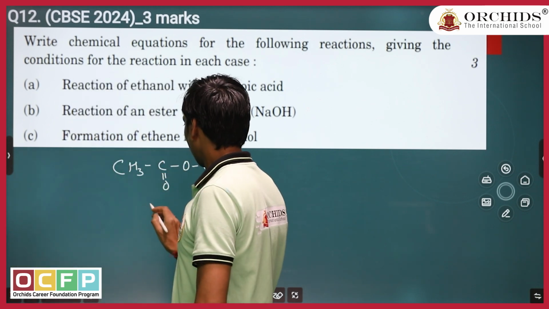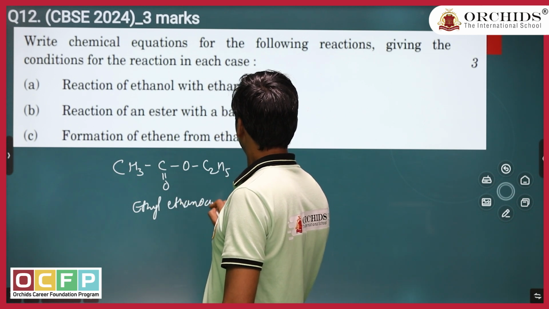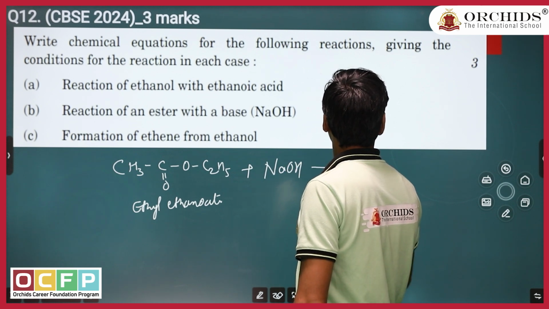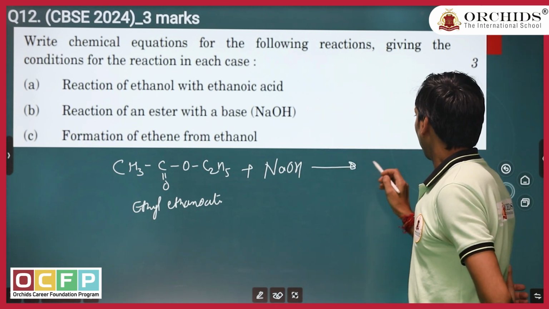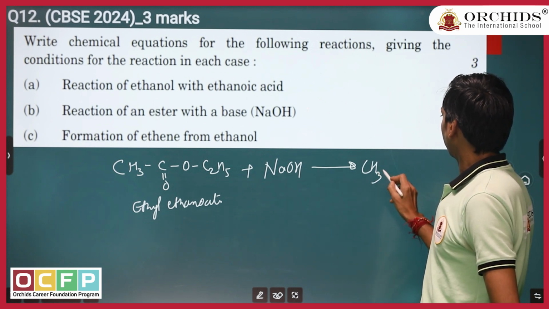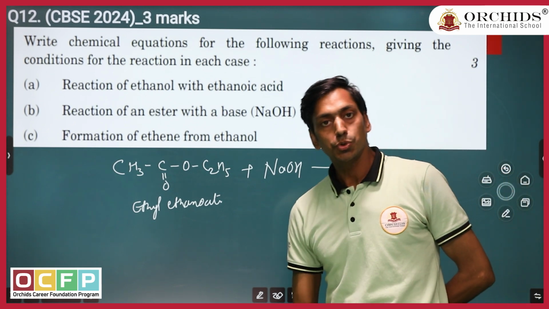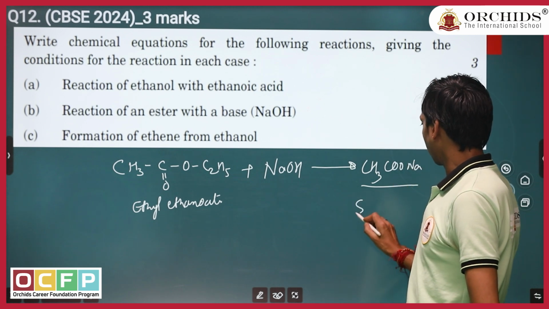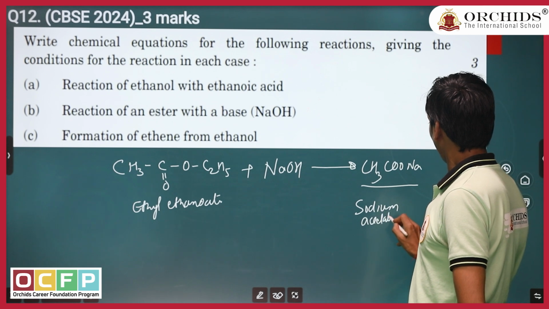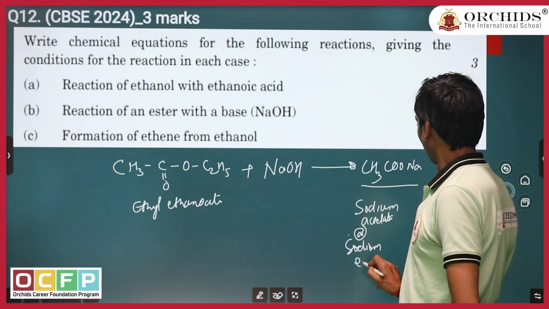When this ethyl ethanoate reacts with sodium hydroxide, it is going to produce the sodium salt of carboxylic acid, CH3COONa, which is also called sodium ethanoate or sodium acetate.